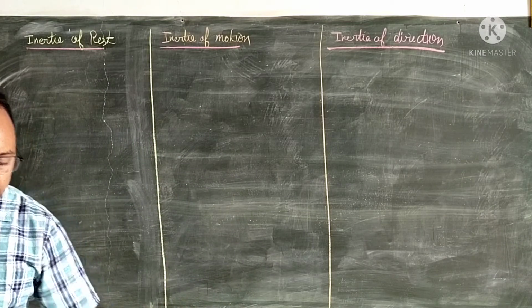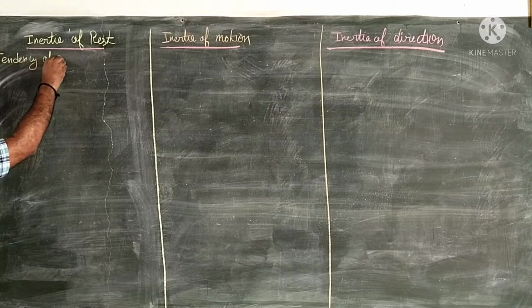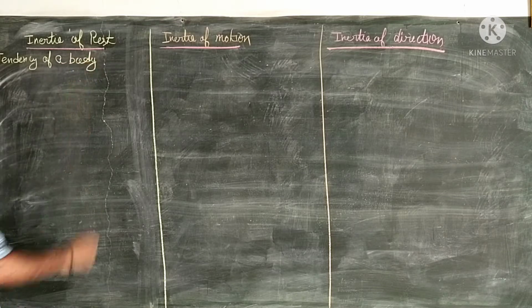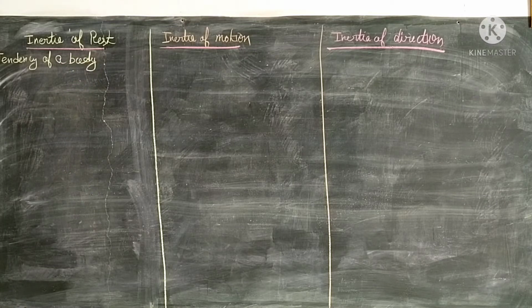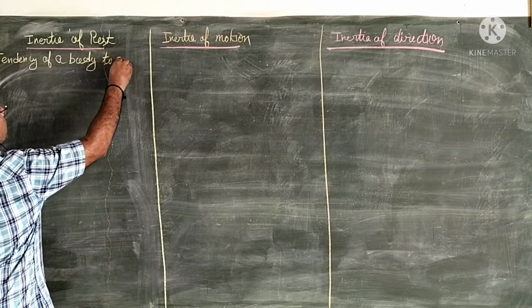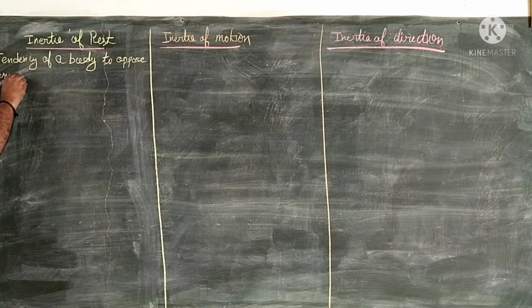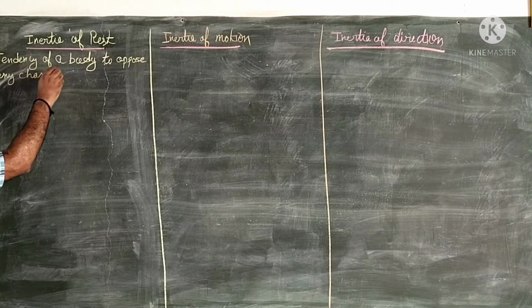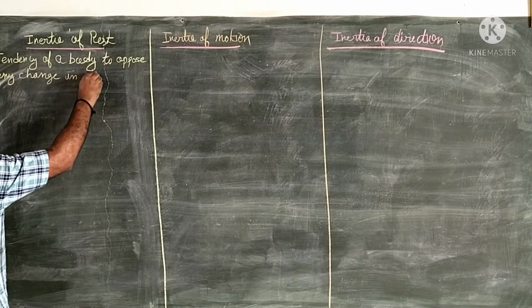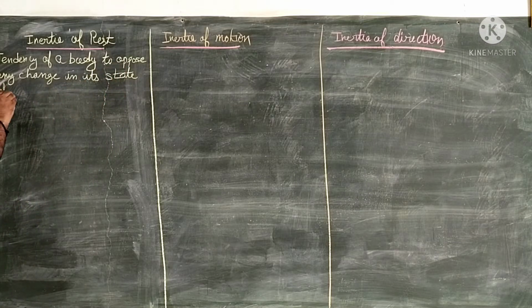Inertia of rest is the tendency of a body to oppose any change in its state of rest. This is known as inertia of rest.